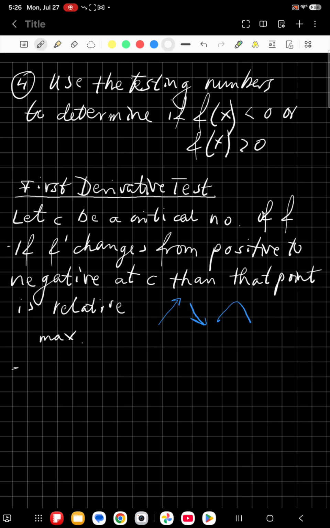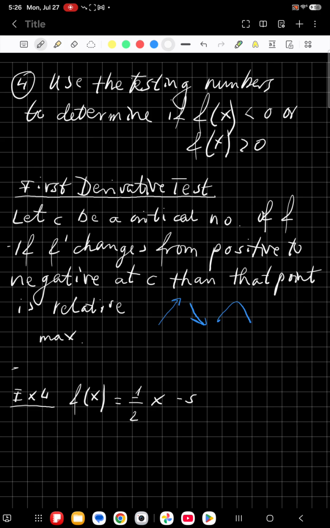Okay, let's do more examples. So example 4. I'm just going to write the function. So f of x, this time one of the terms is a sine function.